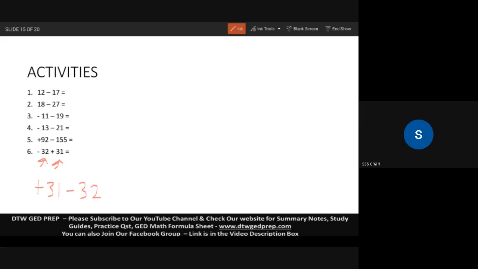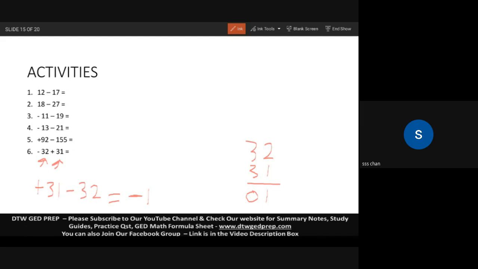So this is same thing as saying you are removing 32 from 31. You know that 32 is bigger. You cannot get 32 from 31. So this will retain a negative sign, and then we subtract the smaller number from the bigger number. So when we do this subtraction, you have 1 and 0. So this will give you negative 1.